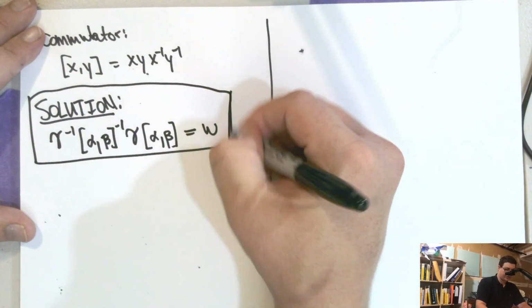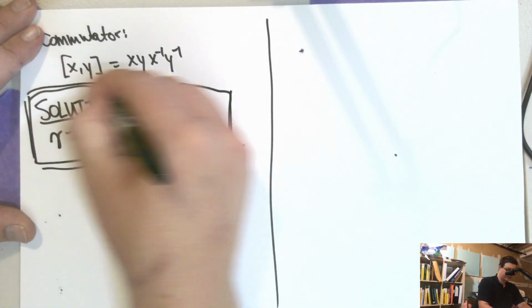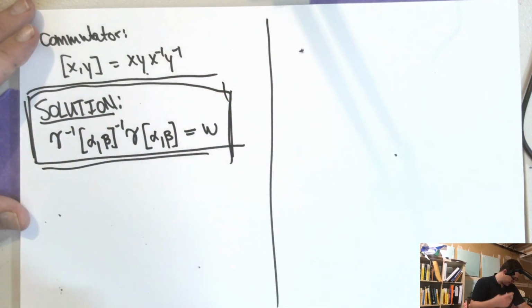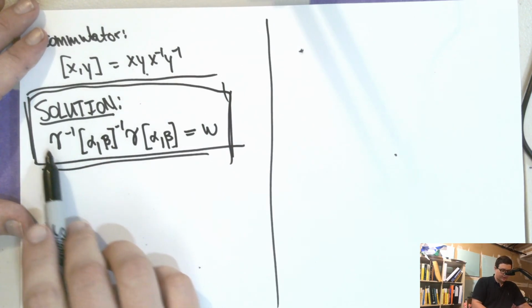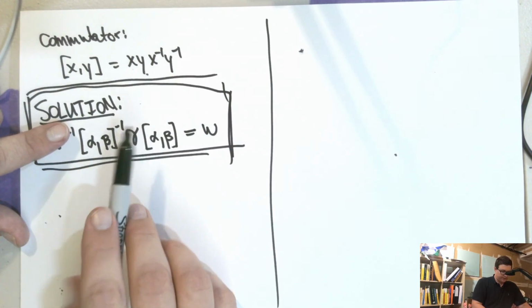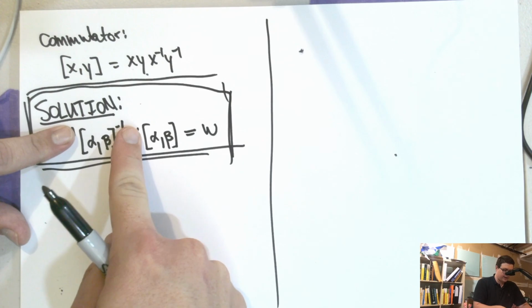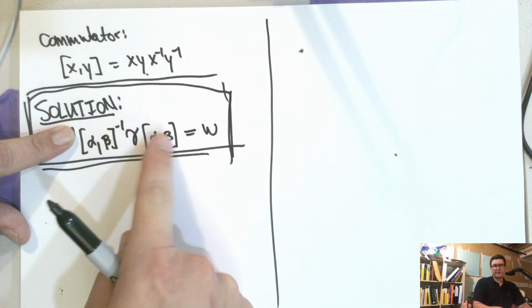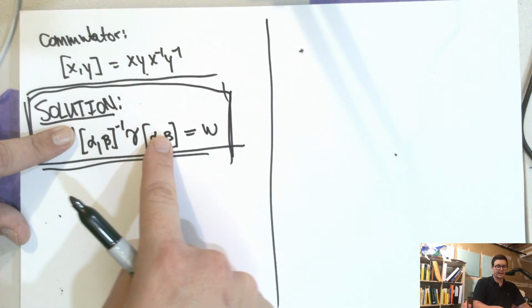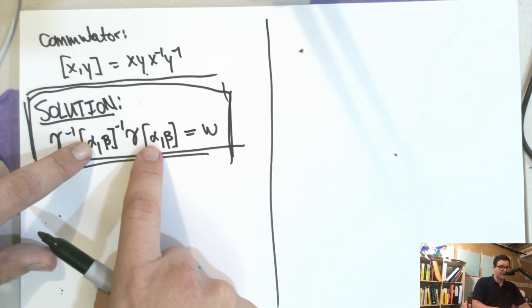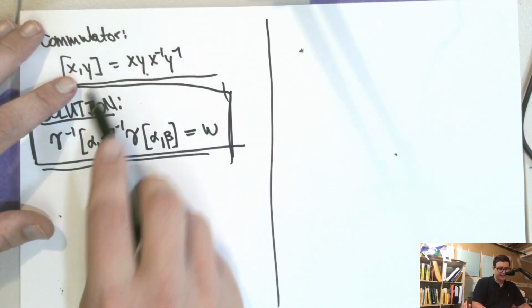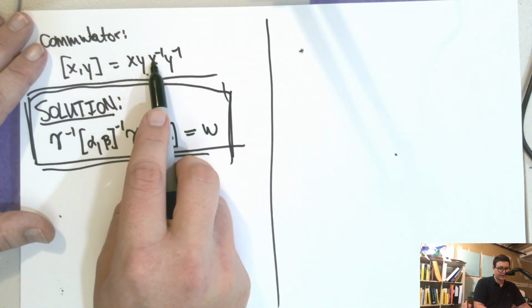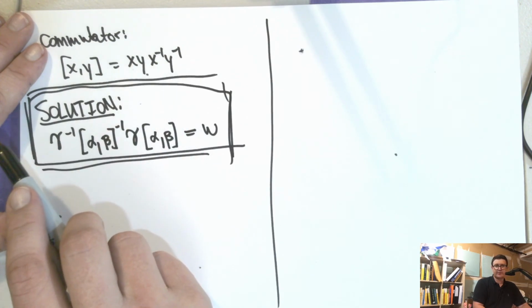Let's check what this does. I'm just doing this so that we're all familiar with group notation. Notice that if gamma goes to 1, then what are you left with? You're left with this times this, and that's 0. If alpha goes to 1, that'd be like x going to 1 in here. If x goes to 1 in here, then you have y times y inverse, and that's 1.